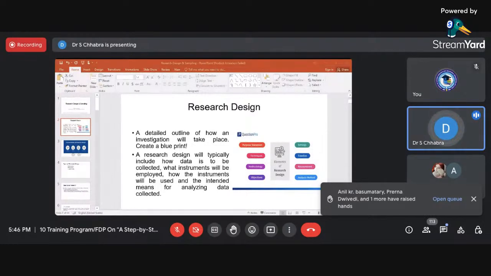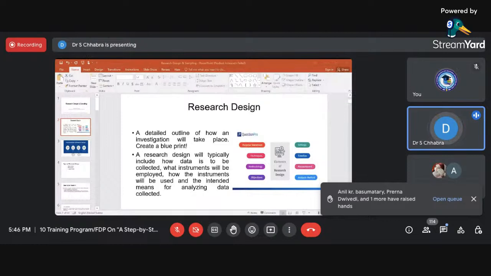So my point is, have an initial plan made in your mind. That's what is written over here: create a blueprint. I do understand that when you start your research, you may not have a clear idea. No issues, absolutely no doubts on that, it's fair.